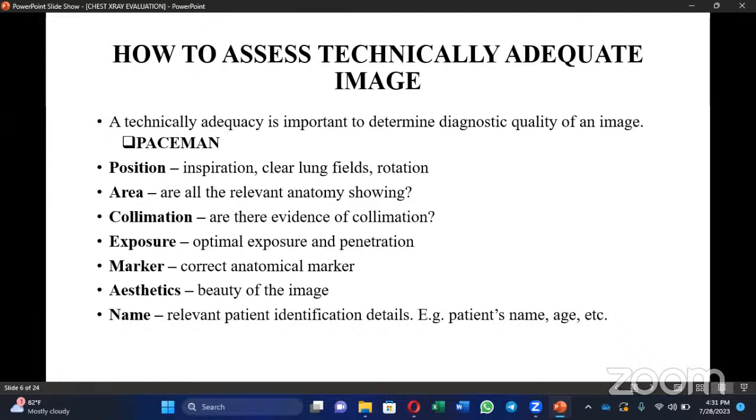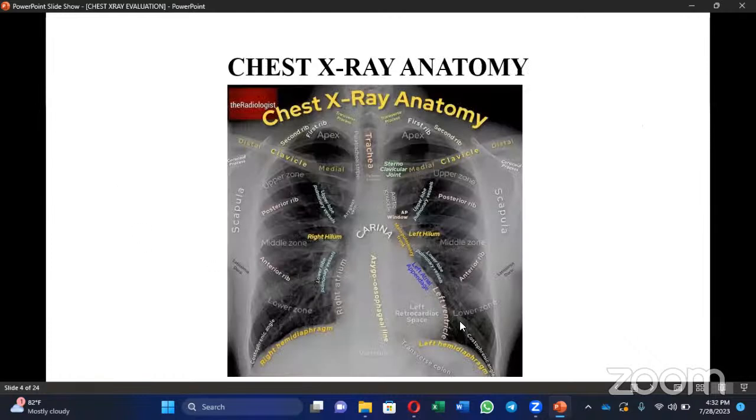Now let's look at the E. E stands for exposure. So you ask, is the image optimally exposed? Optimal exposure is actually assessed by looking at the heart shadow.